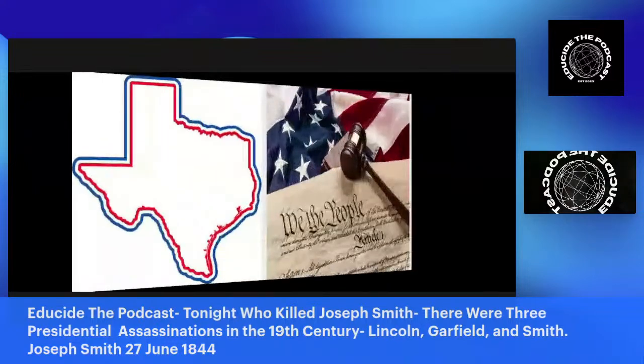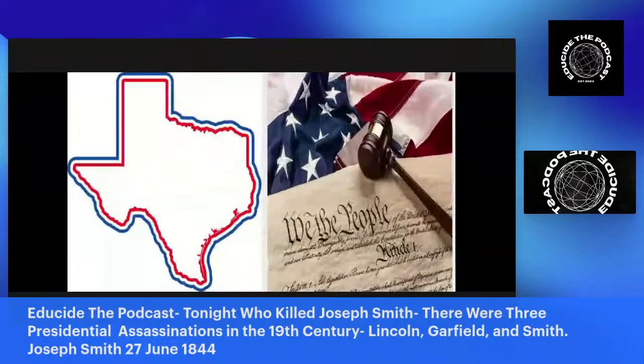Texas, red, white, and blue, would have never voted for secession on February 23rd, 1861, had the Mormons gone to Texas instead of Utah. And they would have gone to Texas instead of Utah if Joseph Smith had never been assassinated on June 27th, 1844. Notice that the Constitution would have been protected, the rights of people here. We would never have had Reconstruction.